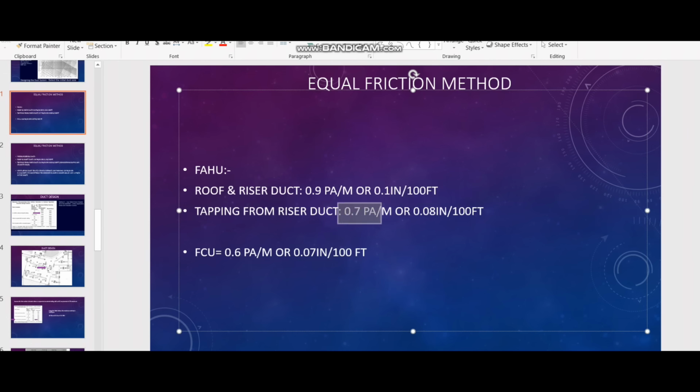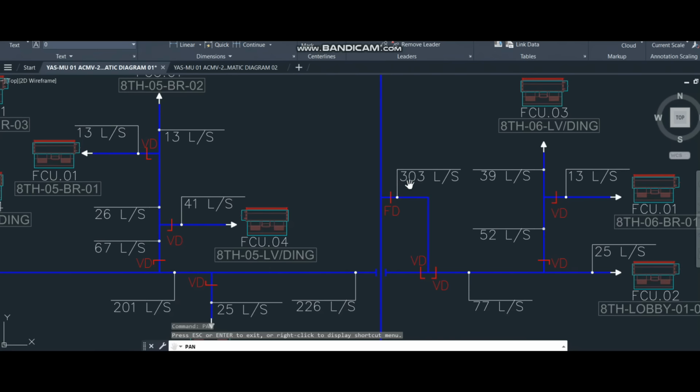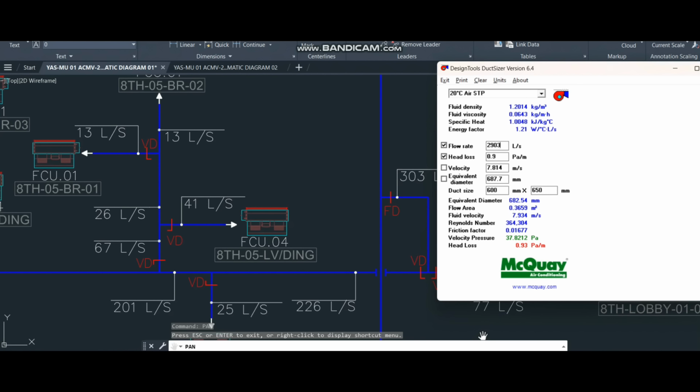So at that time, 0.7 Pascal or 0.08 inch is still acceptable in our chart which I showed you earlier. If you see this one, 0.08 inch, and I go to the design, 303 liter per second, the duct head loss is, as I told you, 0.7 or 0.08 inch per 100 feet.